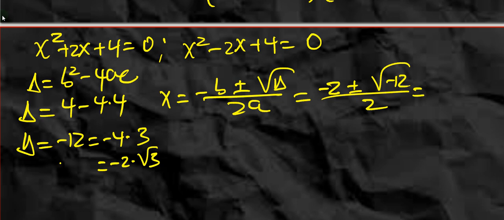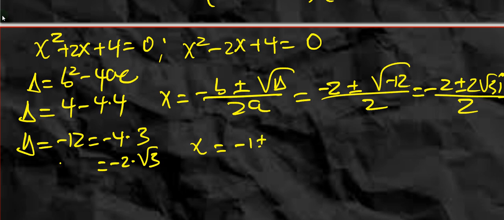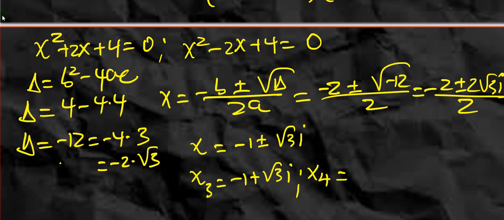So minus 2 plus or minus 2 square root of 3i divided by 2. Simplifying the 2 here, we're going to have minus 1 plus or minus square root of 3i. Okay, so our x3 is going to be minus 1 plus square root of 3i, and our x4 is going to be minus 1 minus square root of 3i.